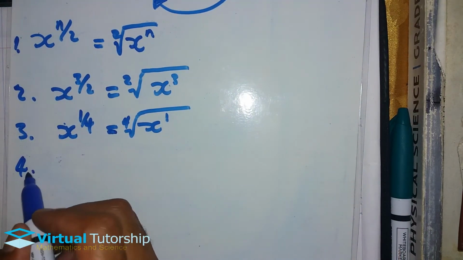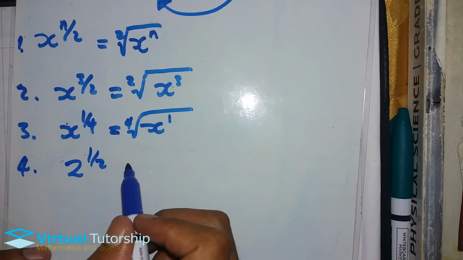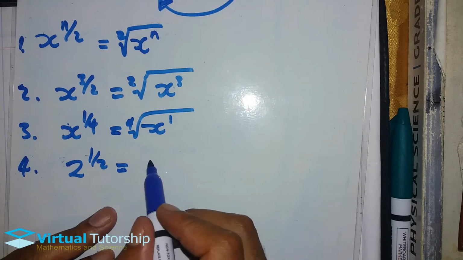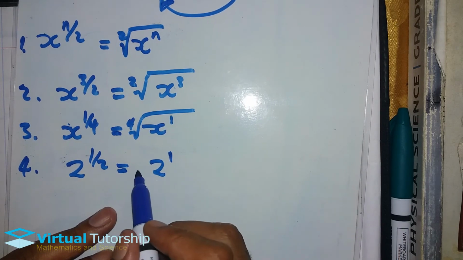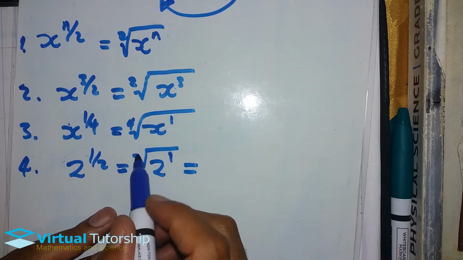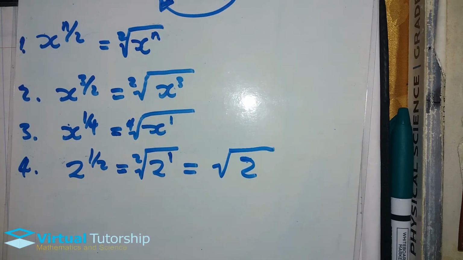So the fourth one, let's say 2 exponent half, which is equivalent to the second root of 2. Remember, the second root is the same as what? The square root, right?